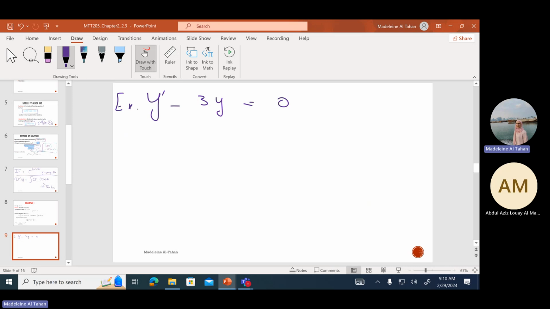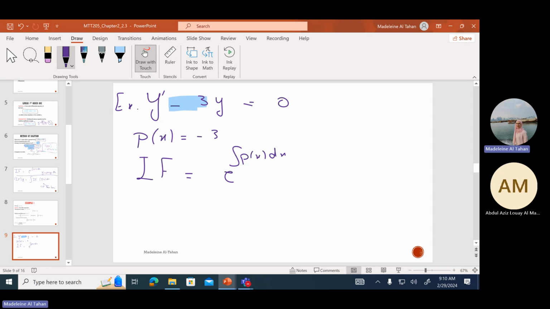It's written in standard form, right, miss? What's p of x? Everything before y, right, miss? Please stop writing this because we just need to understand the idea from it. The integrating factor is equal to e to the power integral of p of x dx.